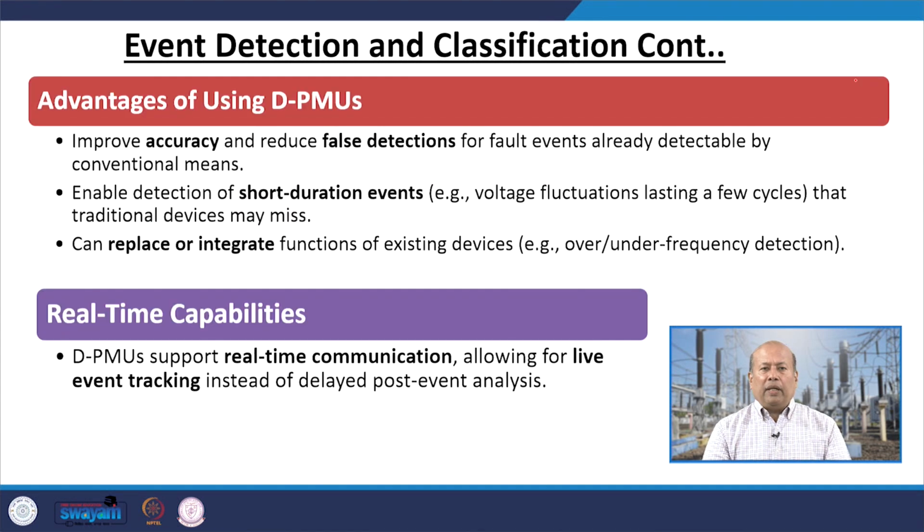Now, what is the advantage of using D-PMUs? Improve accuracy and reduce false detections for fault events already detectable by conventional means. Enable detection of short duration events, example voltage fluctuation lasting a few cycles that traditional devices may miss.